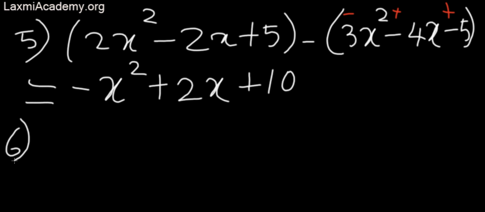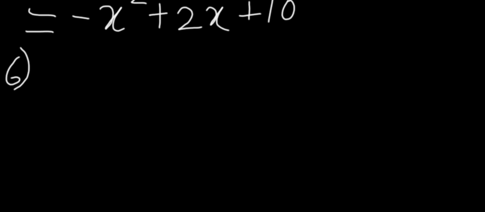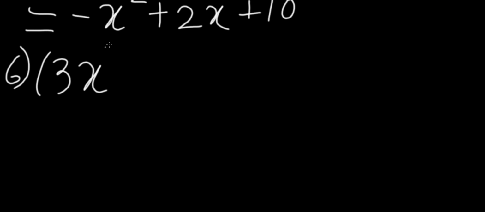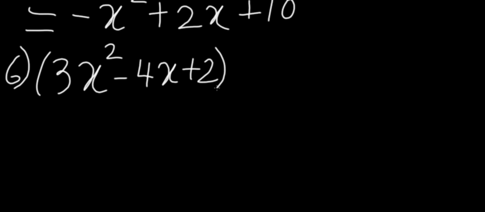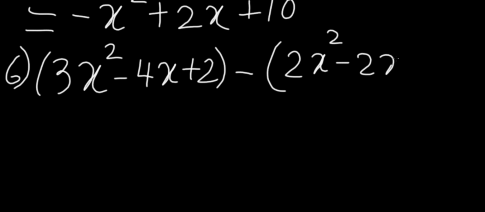So let's see one more where you can solve it without writing down all the steps. Let's take 3x squared minus 4x plus 2, and you're subtracting 2x squared minus 2x plus 3. So here you're solving the parentheses, so positive 2x square will be negative, this will be positive, this will be negative.